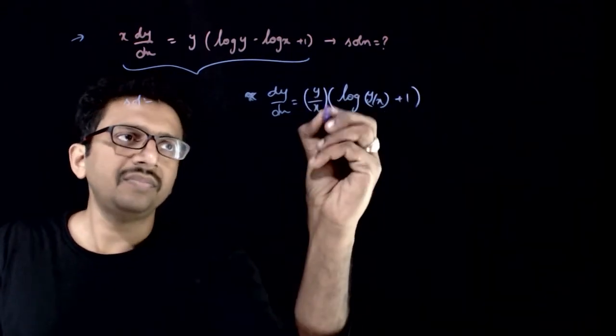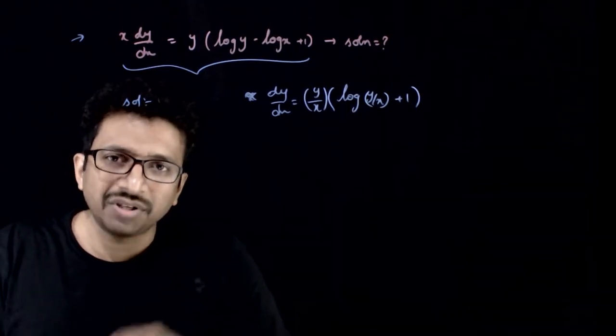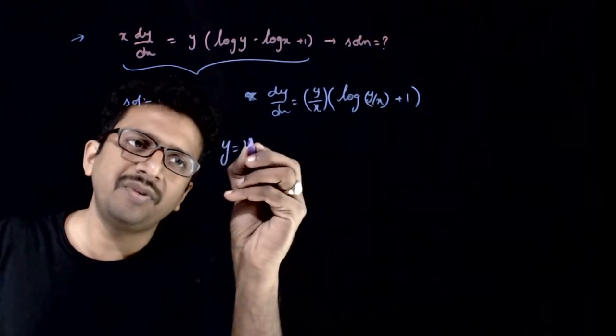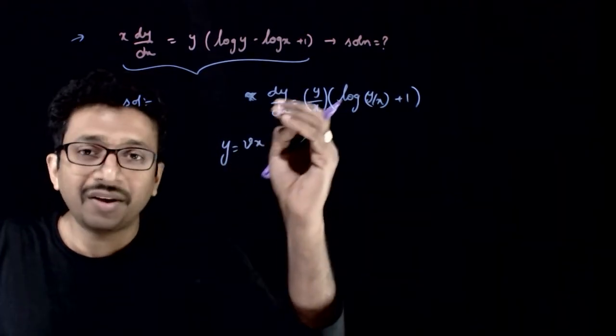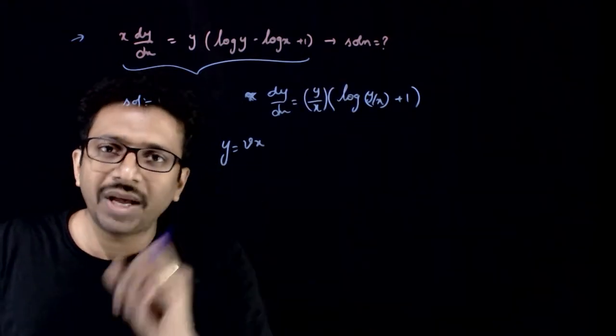So you have y by x here, y by x here. This is of the homogeneous type, where we substitute y is equal to vx. Whenever you have a differential equation majorly made of y by x's, we substitute y is equal to vx.